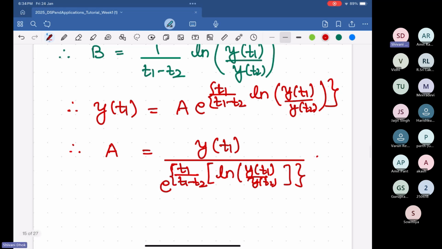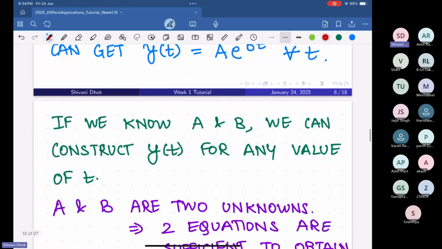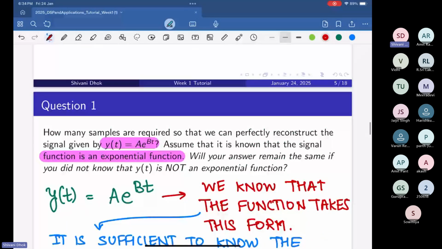So what is the answer to the basic question that was asked to us: how many samples are required so that we can perfectly reconstruct this particular signal when we know that it is of the form of an exponential signal? For this question, the answer is two samples are sufficient.